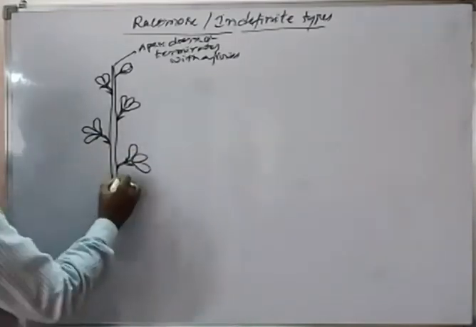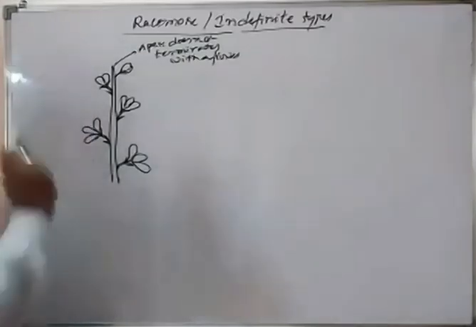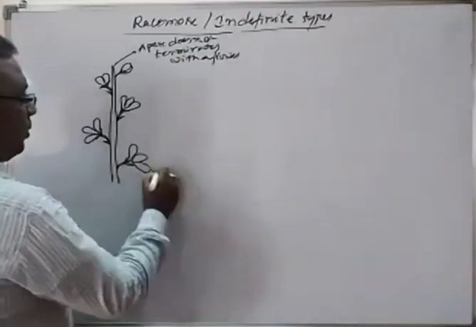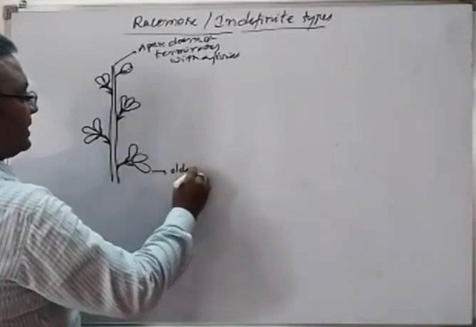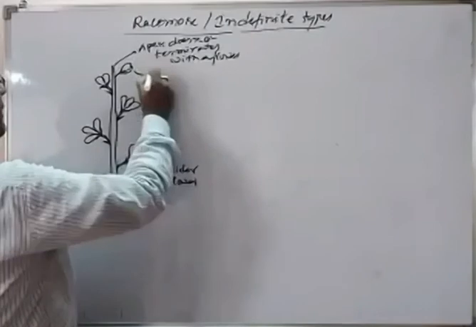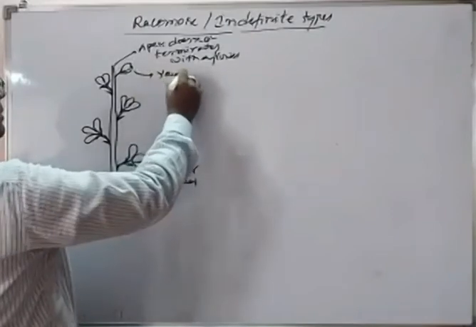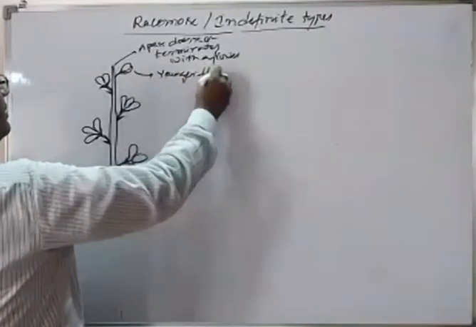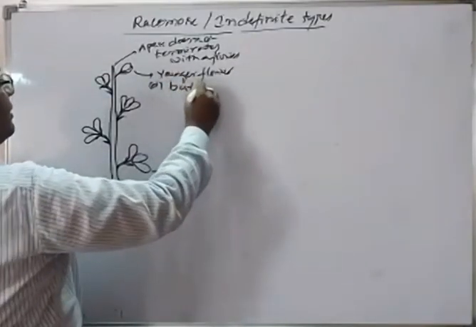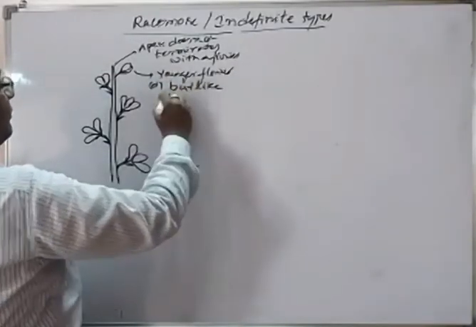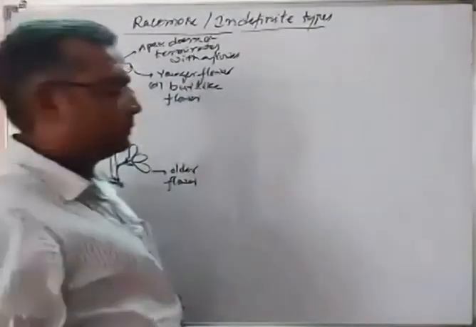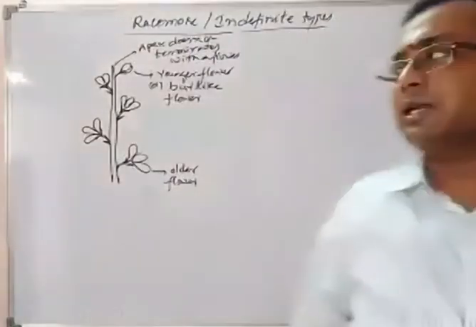Flowers are produced laterally and in acropetal manner. Acropetal means the older flower is present at the base and the younger or bud-like flower is present towards the tip.